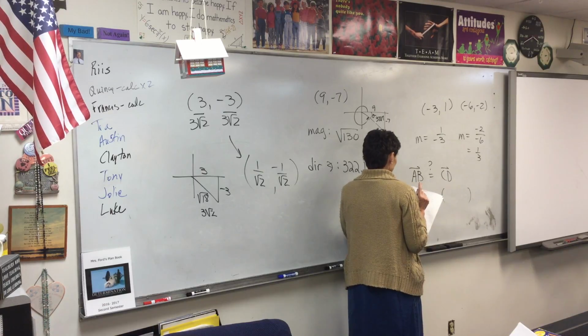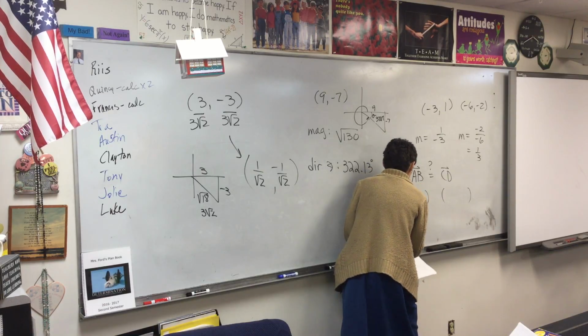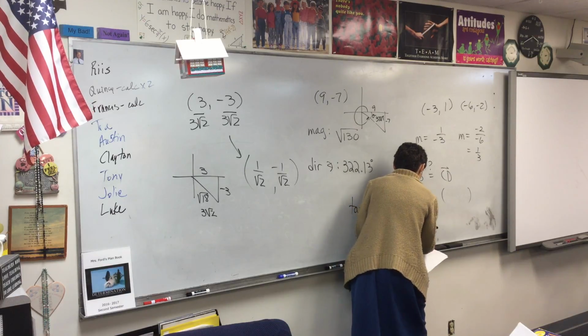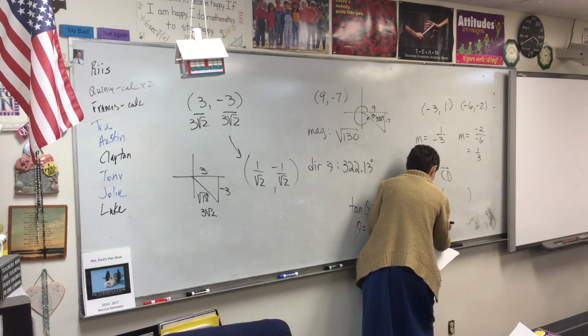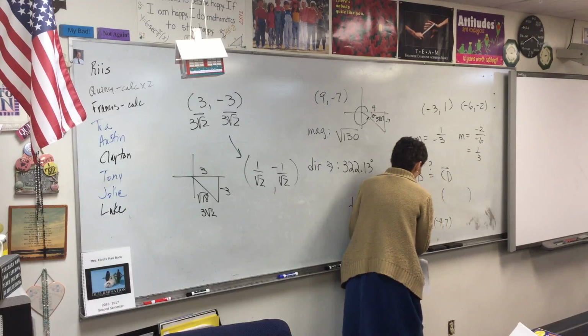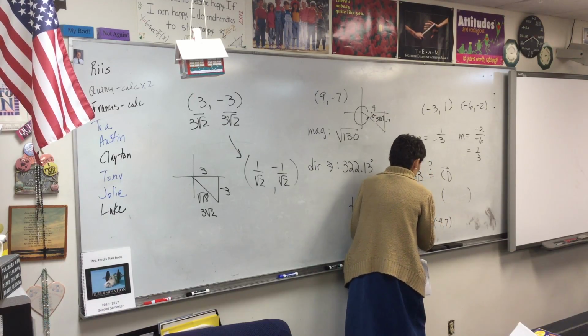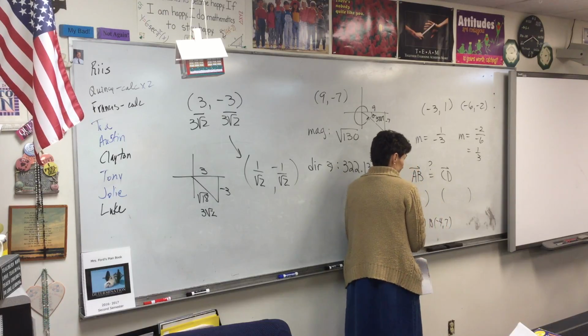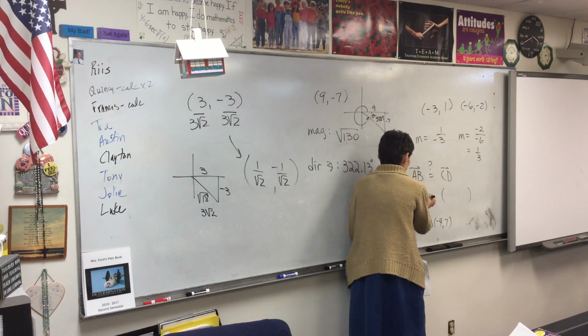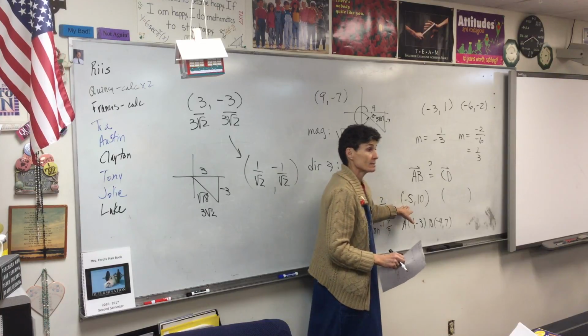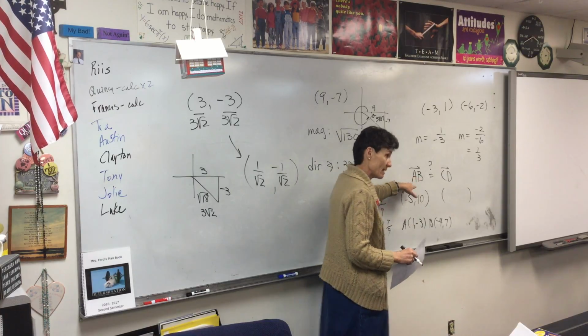No, we're going from A to B. So how many steps are we taking to get from 1 to -4? -5. To get from -3 to 7? 10. So there are the components of AB.